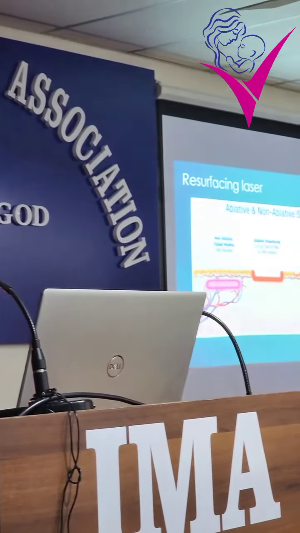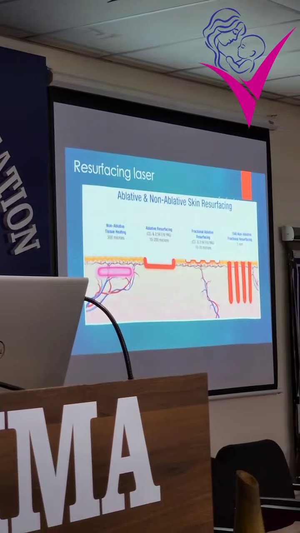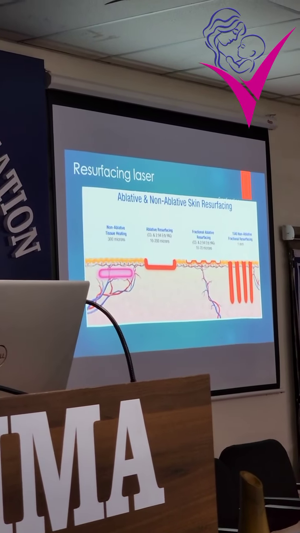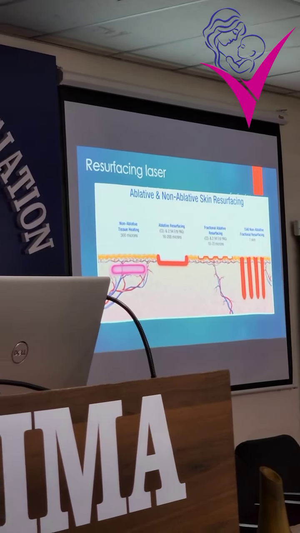Next, we'll talk about the resurfacing lasers. To resurface means to change the skin's texture. If there is any textural abnormality, like small scars, depressed scars, they can be improved with these resurfacing lasers. There are different types of resurfacing lasers. So first there was the ablative resurfacing laser. Most commonly available is the carbon dioxide laser.